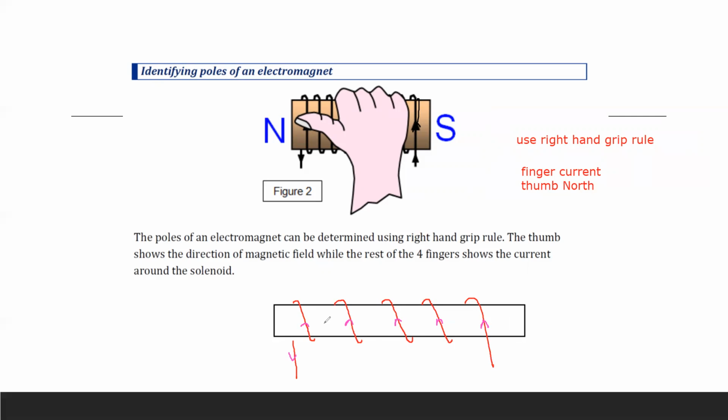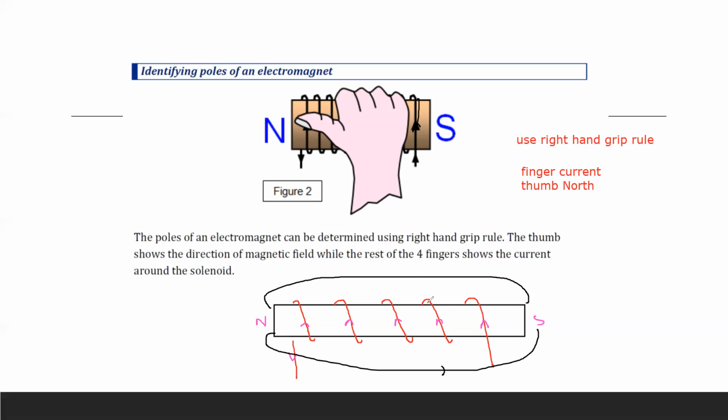If you grip the wire in the direction of the current, your thumb will point toward north. So the left hand side will be north and the right hand side will be south, and the magnetic field will point from north to south.